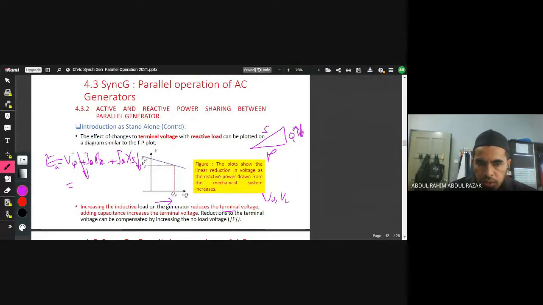To increase the terminal voltage, we have to increase EA, so we can increase this V phase. EA is our internal generated voltage, the no load voltage.